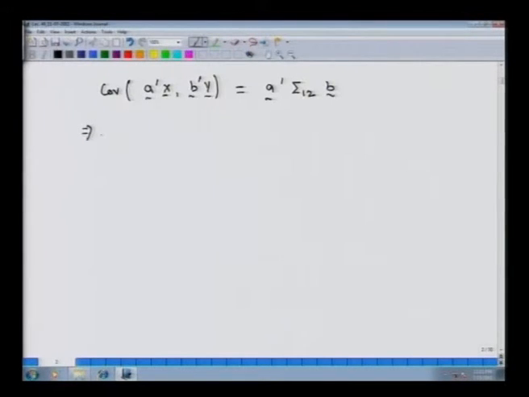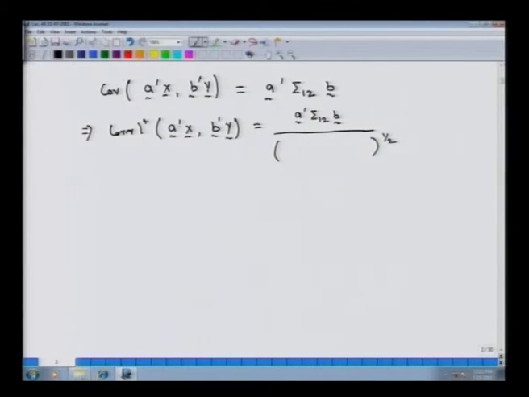So, this would imply that the correlation between the a prime x linear combination and the b prime y linear combination is going to be given by the covariance between the two linear combinations. These are scalar random variables now after we are taking linear combinations. This is divided by the standard deviation, or the square root of the variances, of the respective terms.